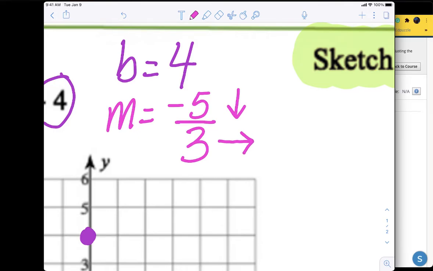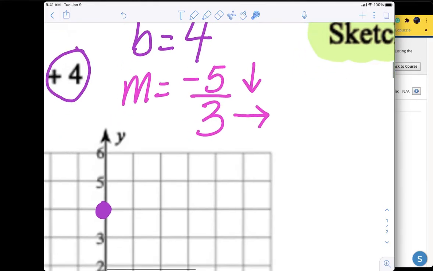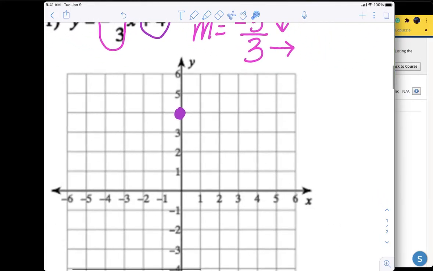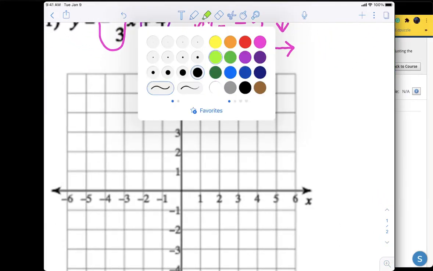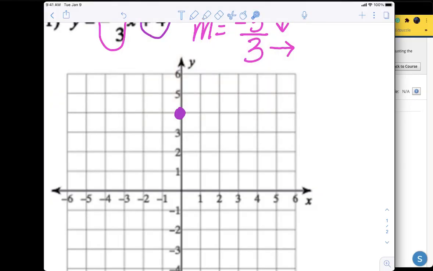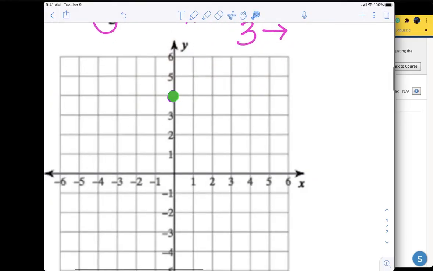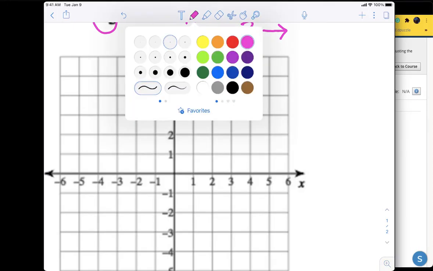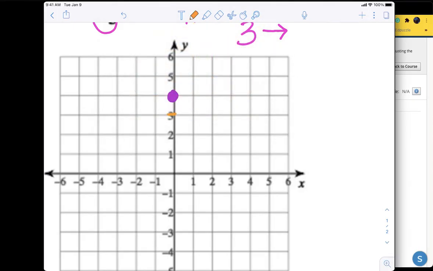So I'm going to start here on my first point and move down 5. 1, 2, 3, 4, 5.